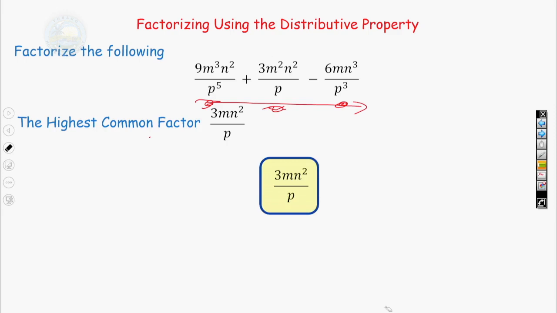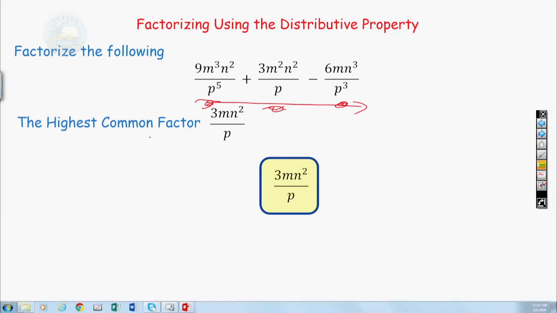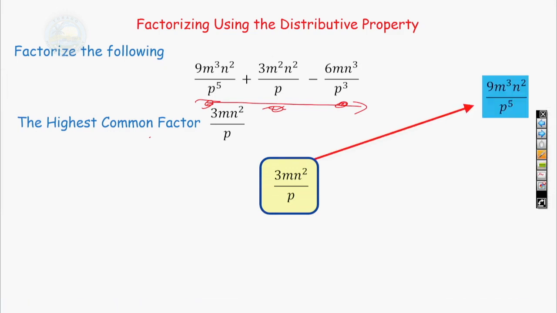So, now that we have 3mn squared upon p, that's a mouthful, as our highest common factor, we then need to determine what we multiply this by to get each one of these terms. What need we multiply 3mn squared p by to give us 9m cubed n squared p fifth?